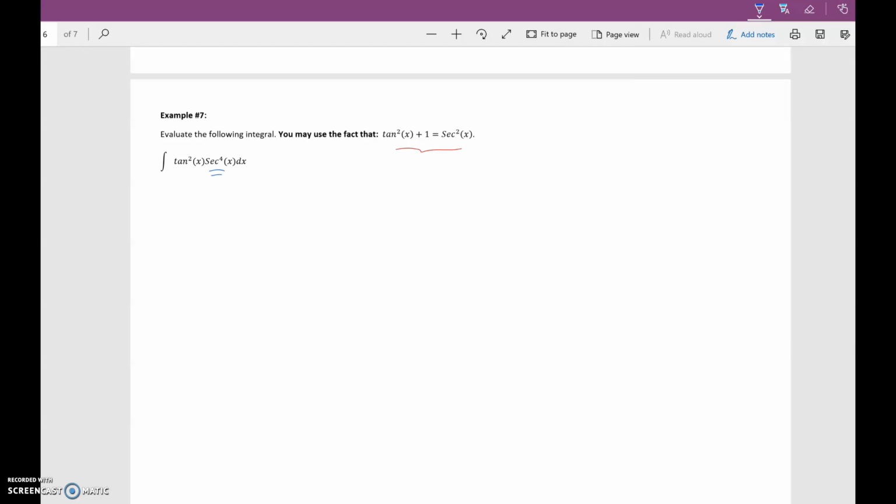So let me rewrite the problem as the integral of tangent squared of x times, and in this case, let me break it down into secants. So this one will be secant squared of x, and then times the other secant squared of x, technically dx.